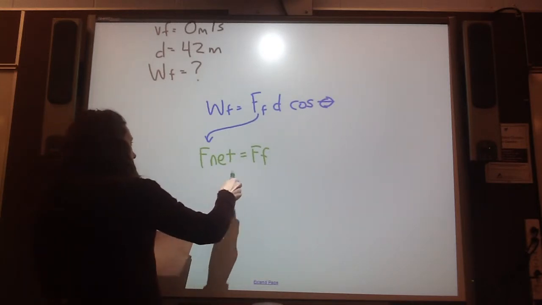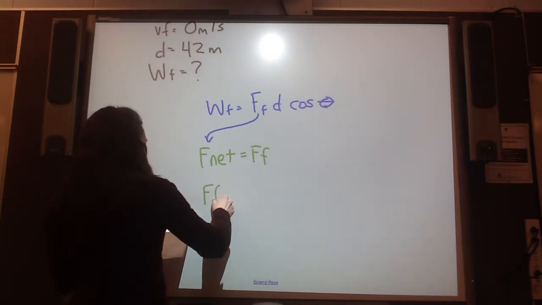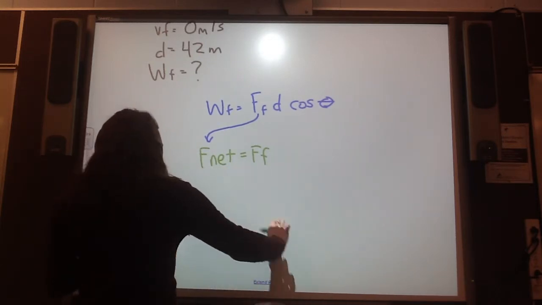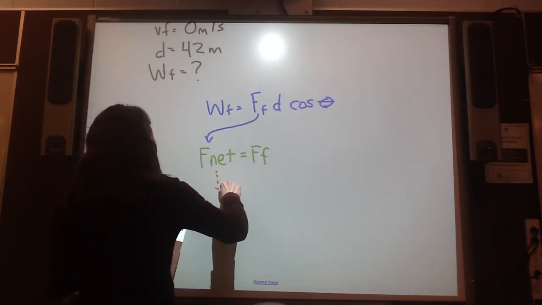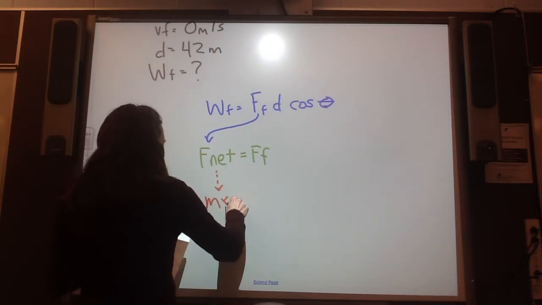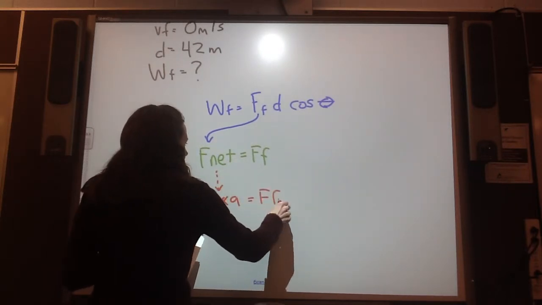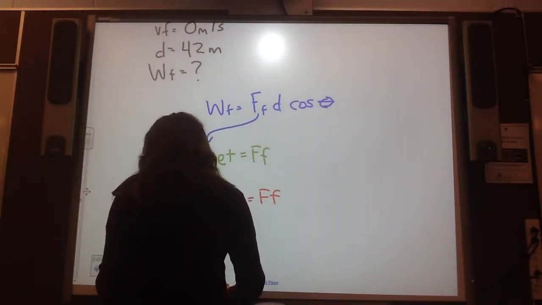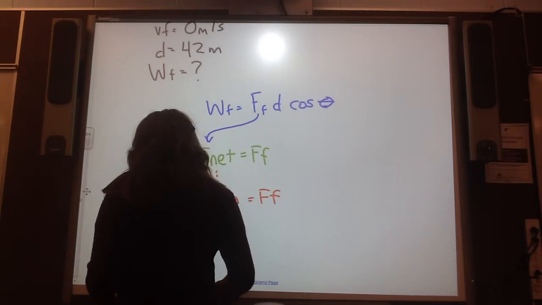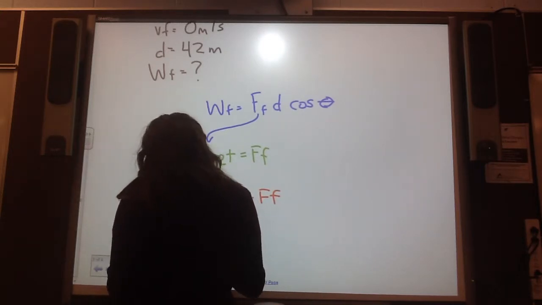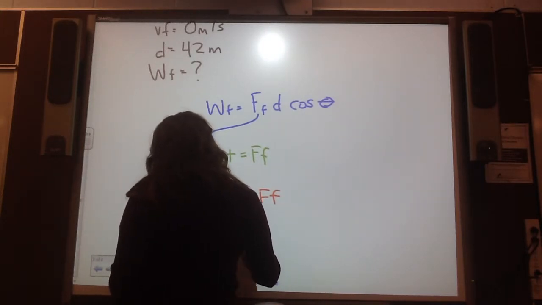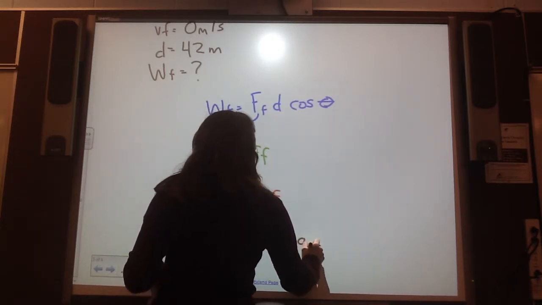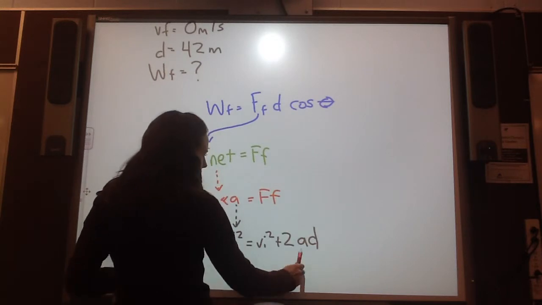Fnet is always m times a, equal to Ff. But I wasn't told my a, so I need to find a using Vf squared equals Vi squared plus 2ad, and then solve for a.